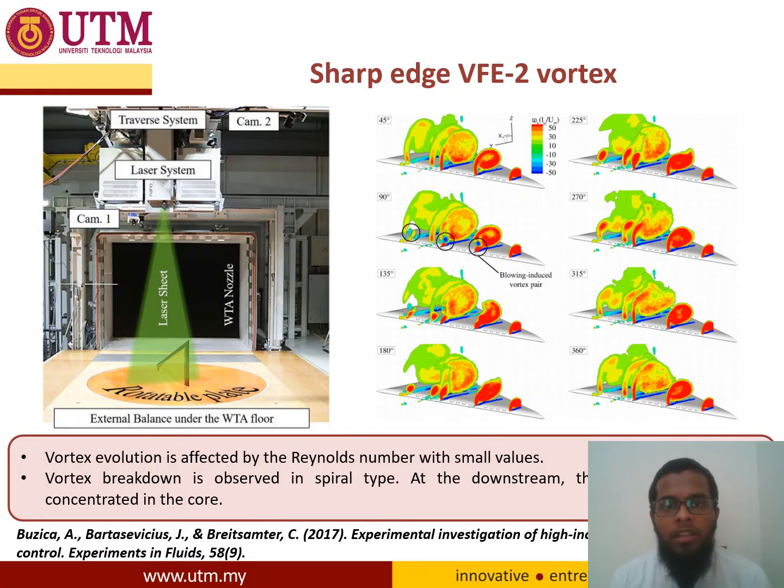And on the sharp edge vortex, you can see the vortex evolution is affected by the Reynolds number at small values, and the vortex breakdown is observed in spiral type at the downstream. The fluctuations are not concentrated in the core, as cited in this paper.